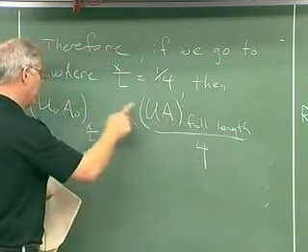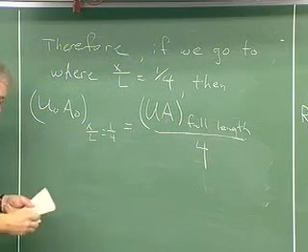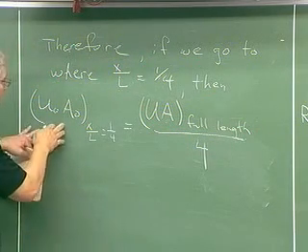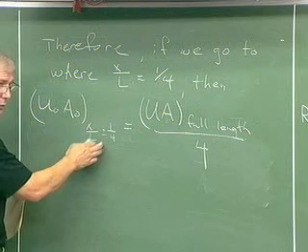This is what we know. This is what we're trying to find out. Okay, so we know UA for x over L equals 1/4.